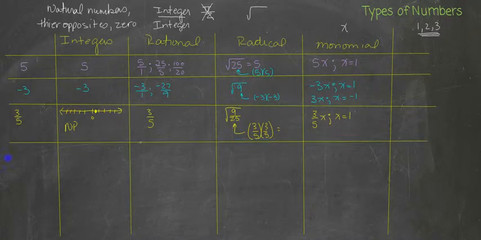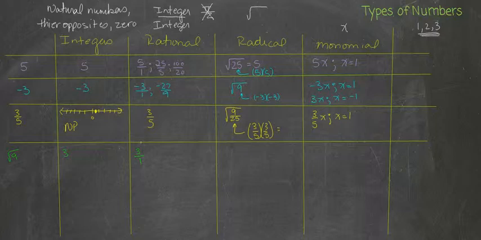So if I were to say the square root of 9, well, the square root of 9 equals 3, so it's definitely an integer. If the square root of 9 has a value of 3, then I could certainly write 3 over 1, right? So I've converted the square root of 9 into a rational number.